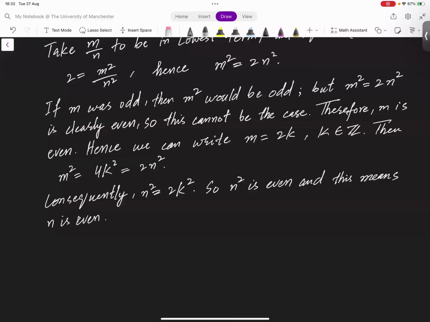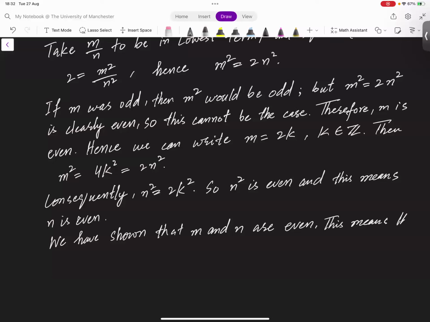So we have shown that m and n are even. This means that m over n is not in its lowest terms, which is a contradiction.